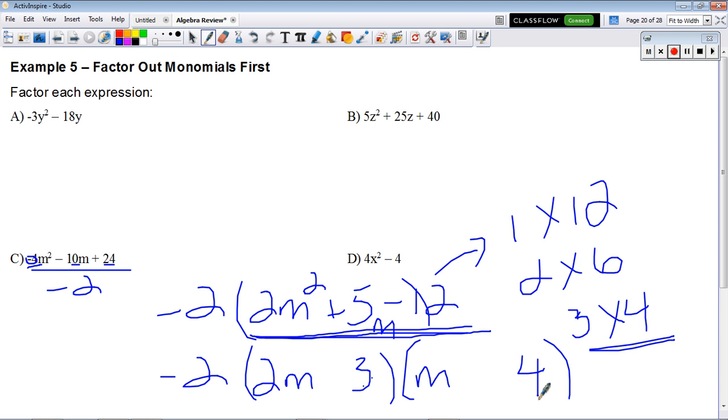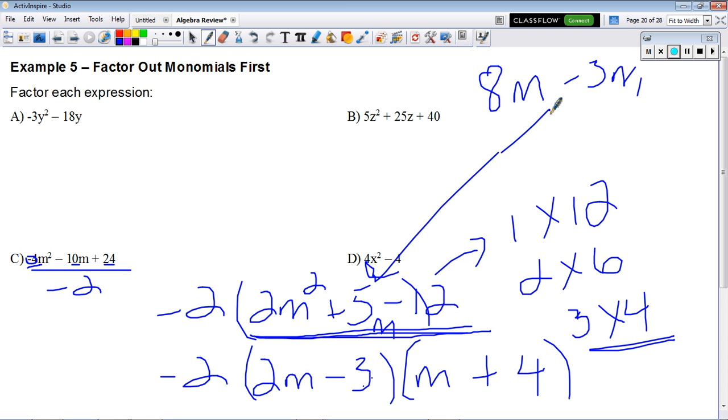Now I know the signs are different, so maybe I'll try a plus here and a minus here and see if I can get that to work. So when I do 2m times positive 4, that's going to be 8m, and then I have negative 3 times m, which is negative 3m. If I put those together, that ends up being positive 5m. So I know that works, so that's in fact what it's going to be there.